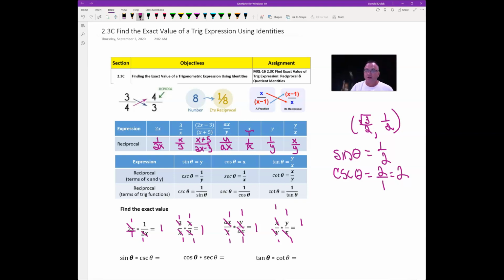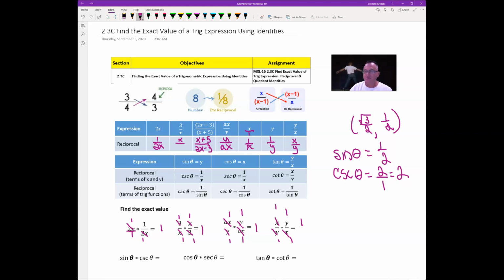Now, that was this right here. Well, we can also define cosecant using the sine value. Because sine and y are the same thing, I can take this y out and replace it with sine. So another way of defining cosecant, as opposed to 1 over y, is that cosecant is the same as 1 over the sine value.